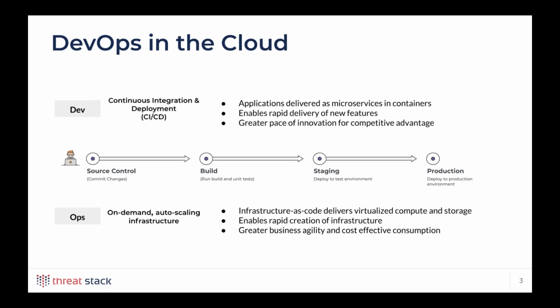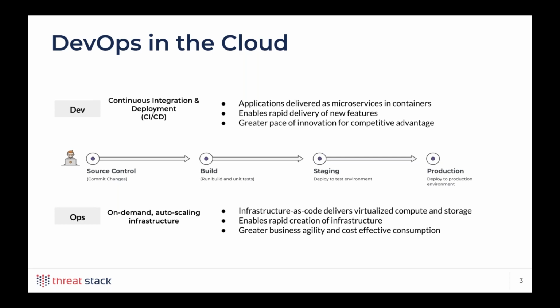You've got developers that are writing code independently, and that code is being integrated or checked into the source control system like Git or Subversion, and building automatically where it is then pushed into staging environment for test and ultimately being pushed into production. Now, from our perspective at ThreatStack, we often see these applications being delivered as microservices that are in containers. And again, the same benefits apply. You get to push features into production more quickly and increase the pace of innovation.